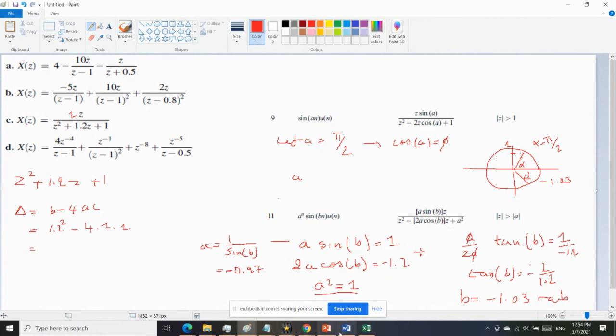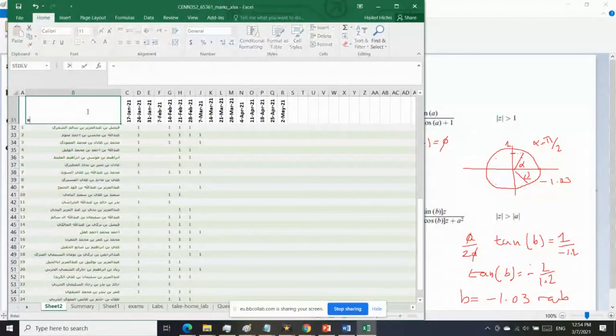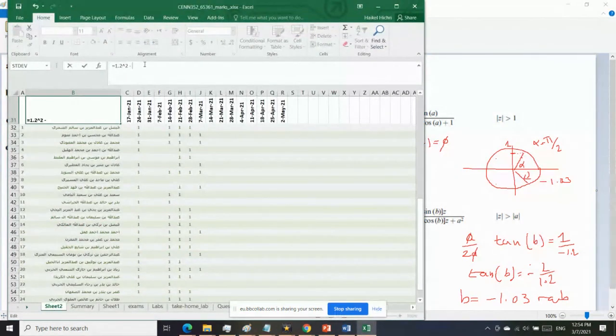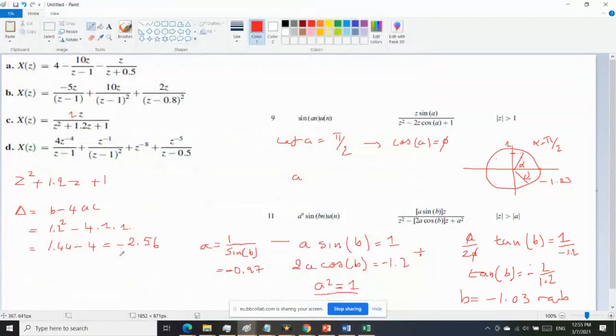What is 1.2 squared? 1.44, minus 4. So it comes out minus 2.56. So delta is negative, which means the roots are complex.